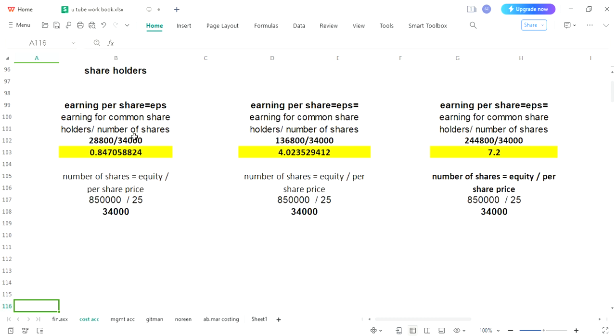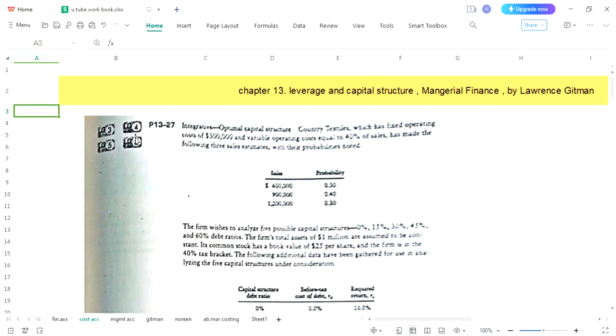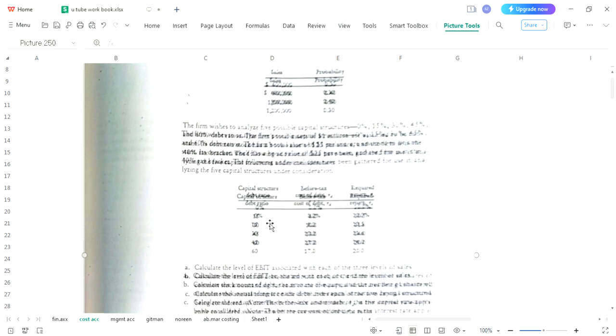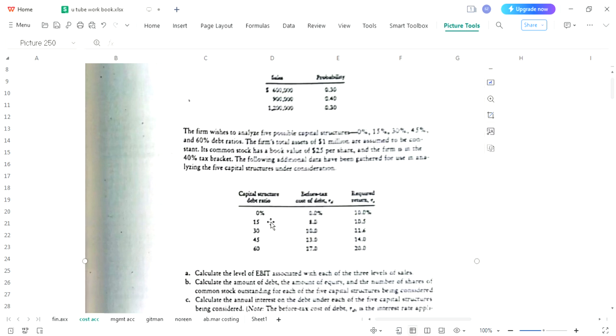So up to this level we have completed our question, and we will review how many parts we have done. Look, there were three probabilities: 0.3, 0.4, 0.3, and the capital structure consisted of five different levels: 0% debt ratio, then 15%, 30%, 45%, and 60% debt ratio.